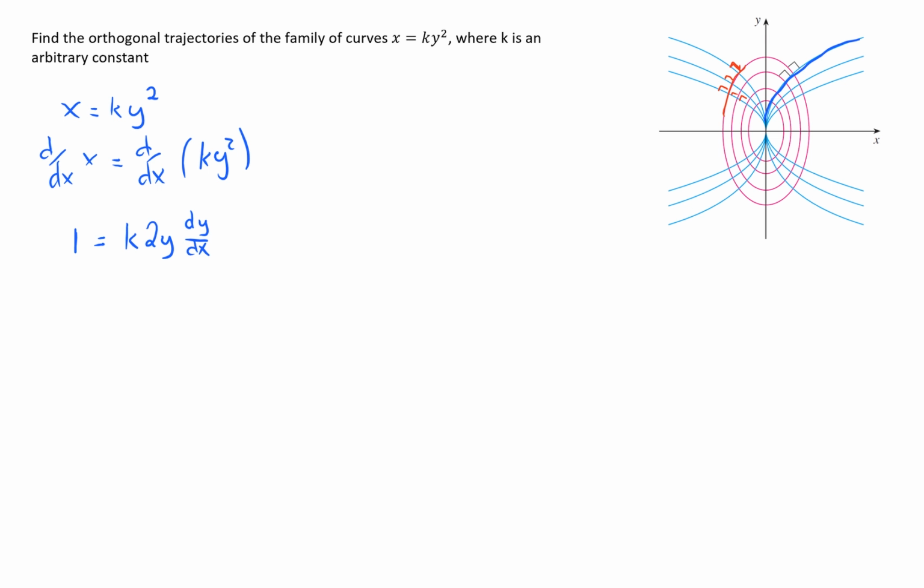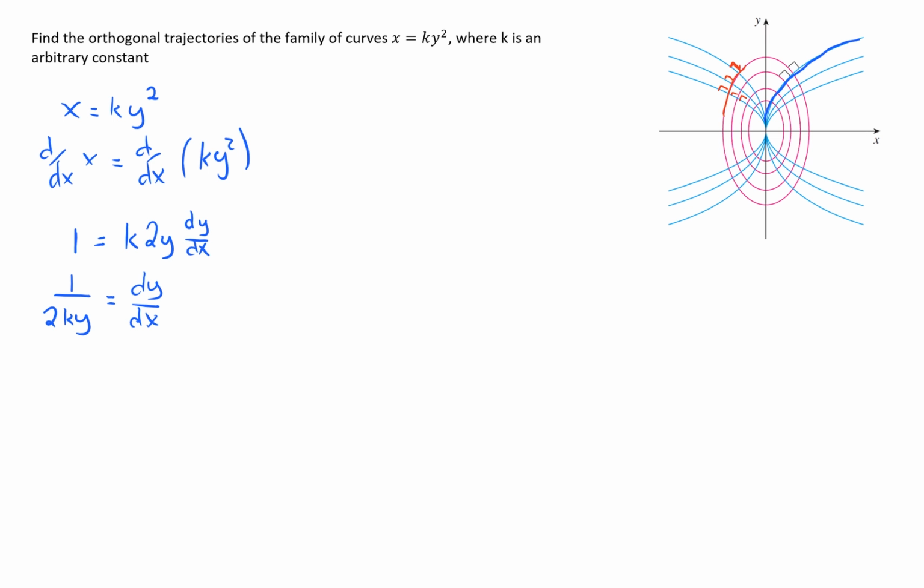So my derivative is 1 equals k times 2 times y times dy/dx. I want that solved for dy/dx, so I know what the slope actually is. So I'm going to bring everything except dy/dx over to the other side. So I have 1 divided by 2ky equals dy/dx.